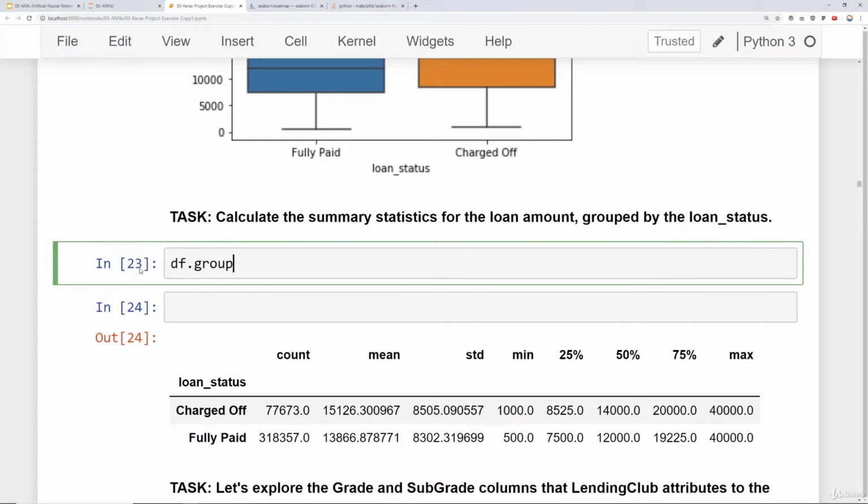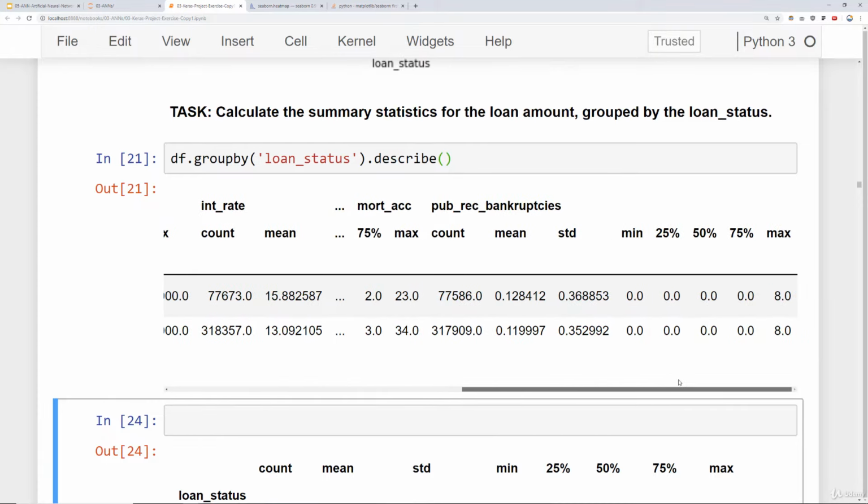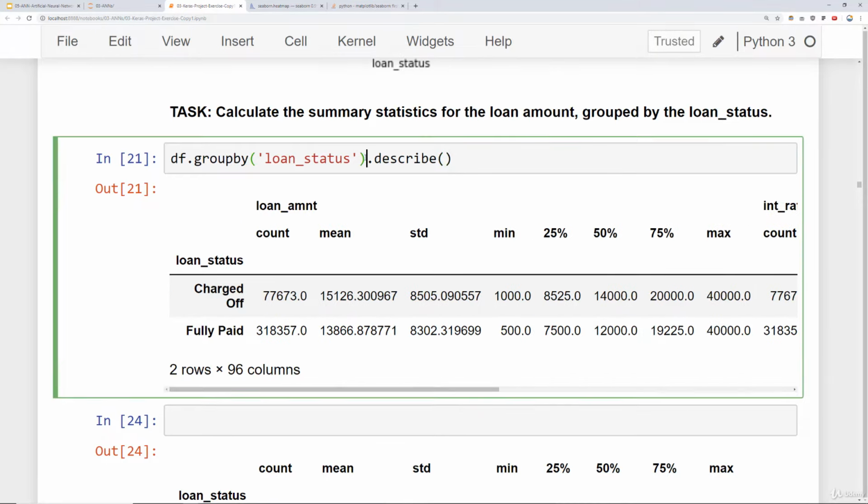I'll say df.groupby loan status, and then if I just group by loan status and then ask for describe, it will show me this for all the columns. So notice here there's kind of a really large data frame, when really all I'm interested in this particular case, since this is what the question is asking for, is the loan amount.